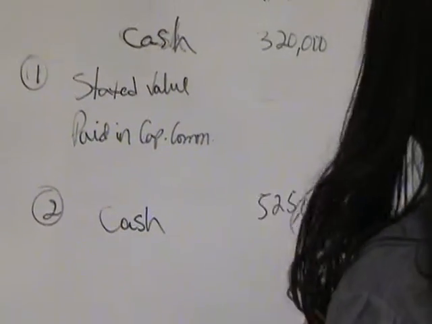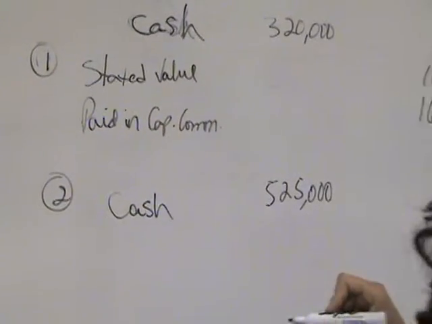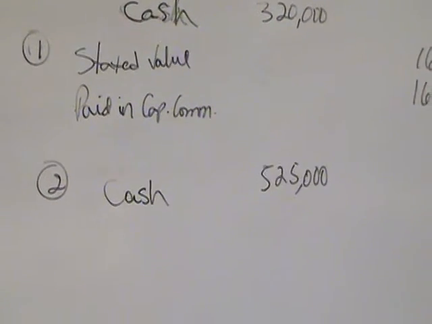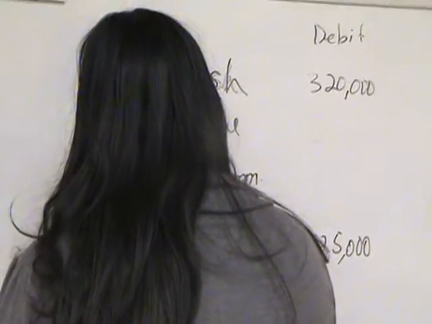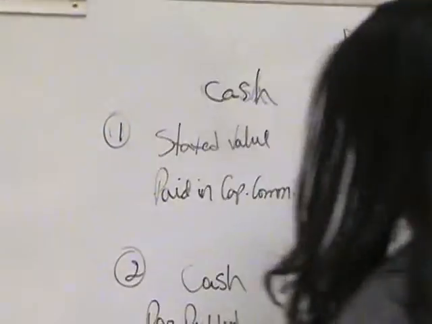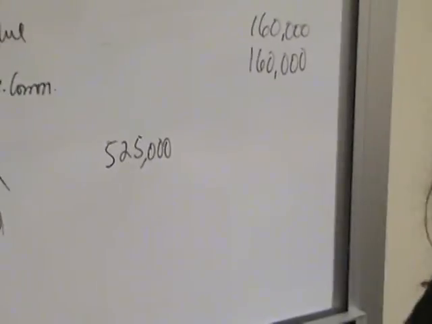Now par preferred is going to be credited for 5,000 times 100, which is 500,000. You have to credit it for 500,000.